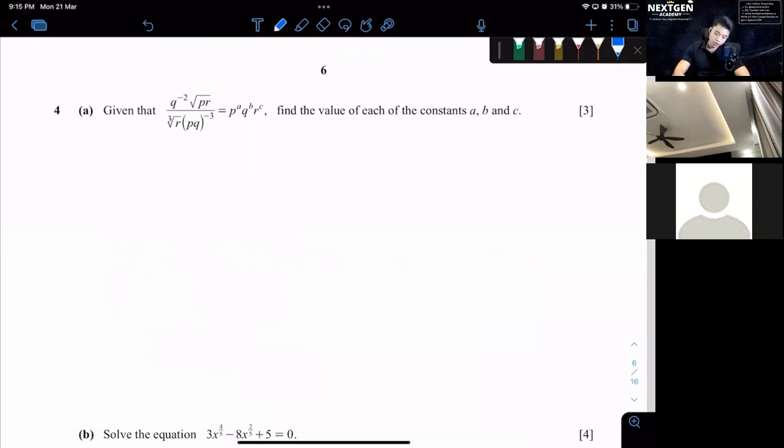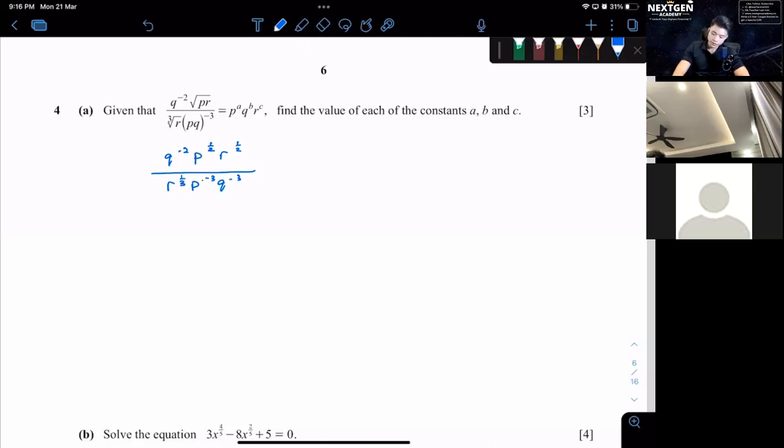So let's change it all to power first. All the square root also, we change it to power. So Q to the negative 2, P to the 1 over 2, R to the 1 over 2 over R to the 1 over 3, P to the negative 3, Q to the negative 3.